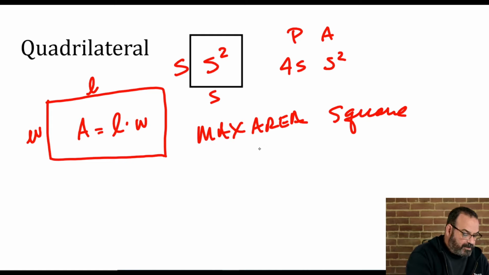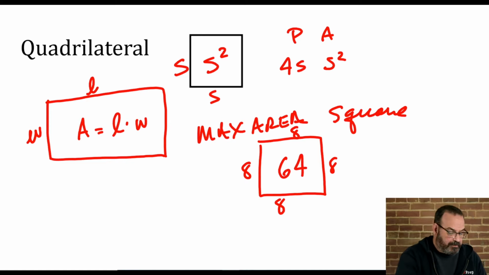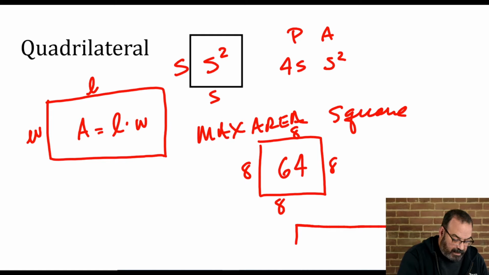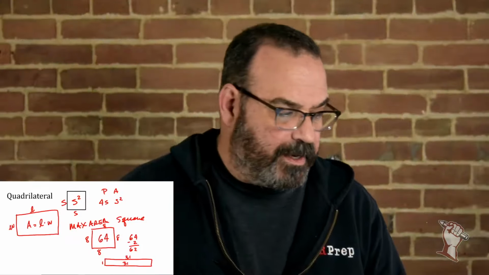So if the perimeter is 32, then my square is going to be 8 times 8. 8 plus 8 plus 8 plus 8 is 32. The area is 64. I can take this and make it 1 foot wide and 31 feet long: take 32, subtract 2, and I would get 30, divided by 2 is 15. Same perimeter, completely different area. So the biggest area is a square.